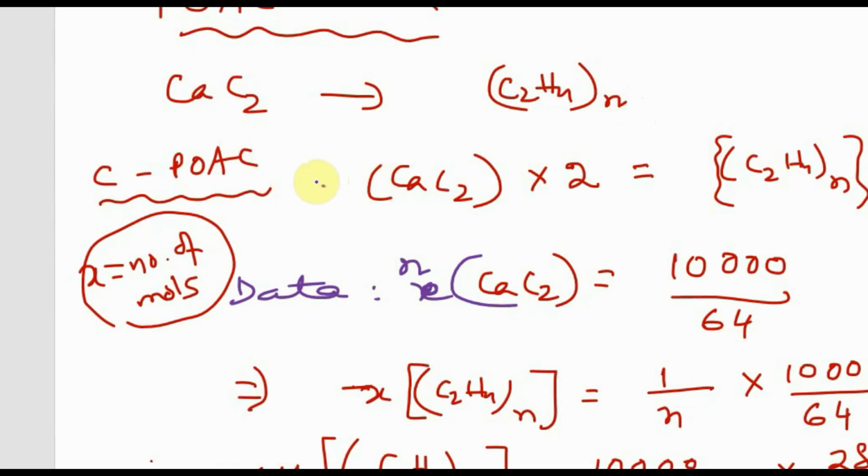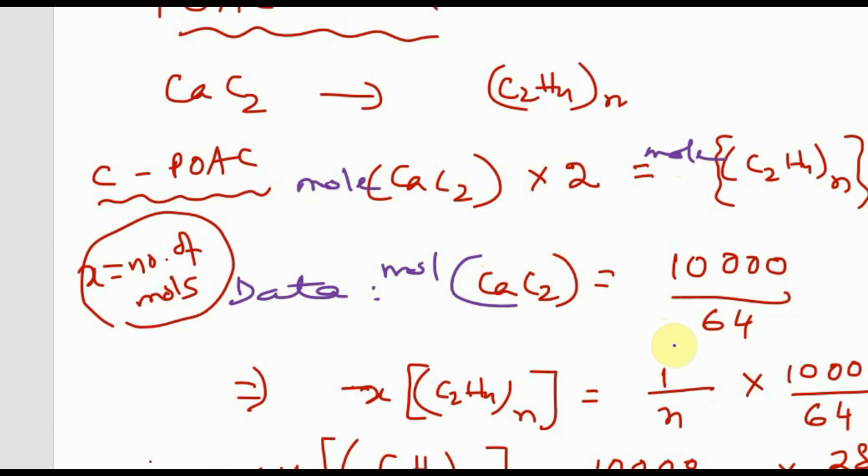So let us say number of moles. The number of moles of calcium carbide which is given is this. And then the number of moles of polyethylene is 1 by n into the number of moles of calcium carbide, since 2 gets cancelled.